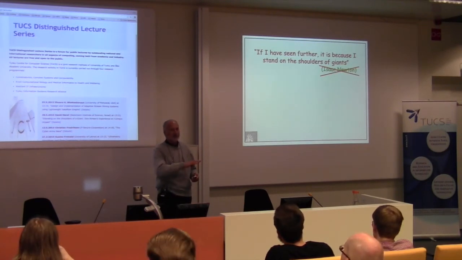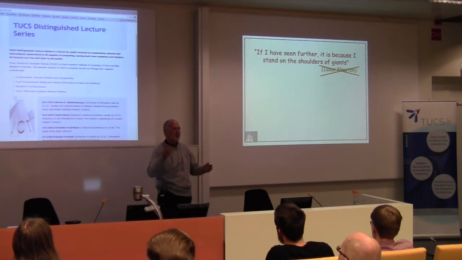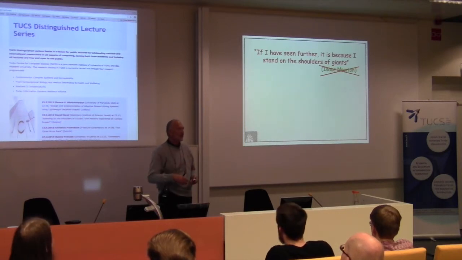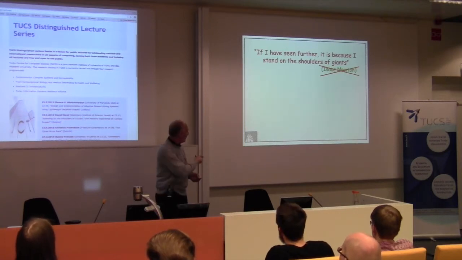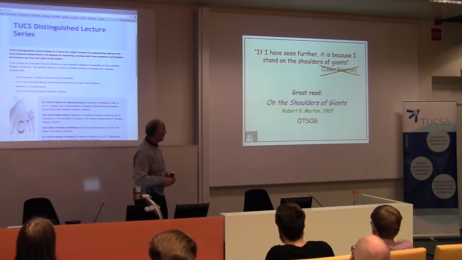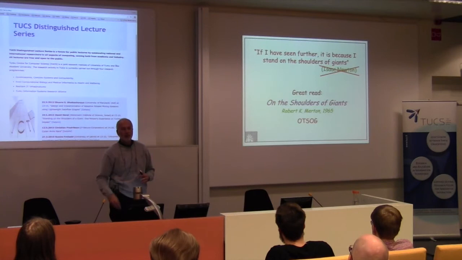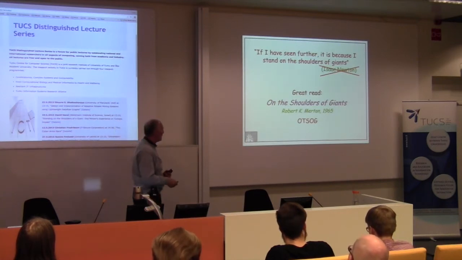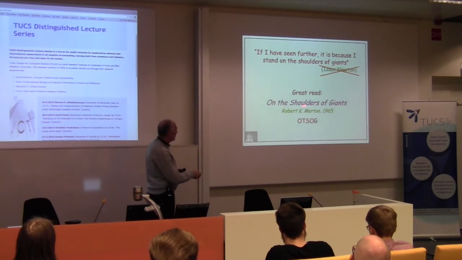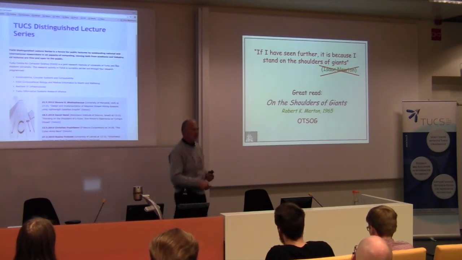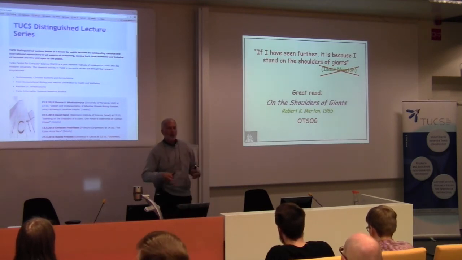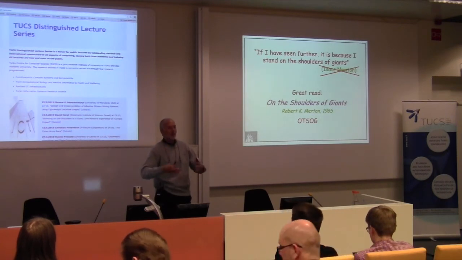And if you don't take anything away from this talk, in computer science or in biology or in AI, maybe you should write down the name of this book. It's called On the Shoulders of Giants. It was written in 1965 by Robert K. Merton, who was one of the great social scientists of the 20th century. OTSUG is even the acronym of the name of the book. It's become kind of a cult book, a kind of intellectual achievement.